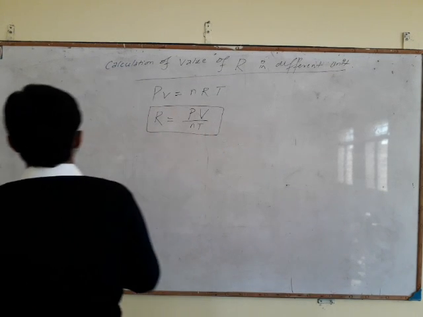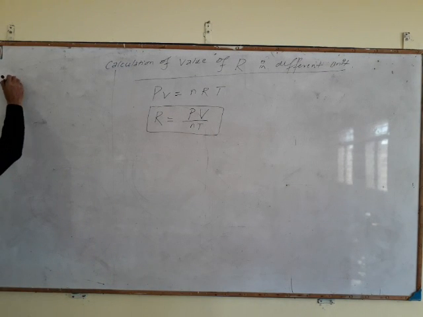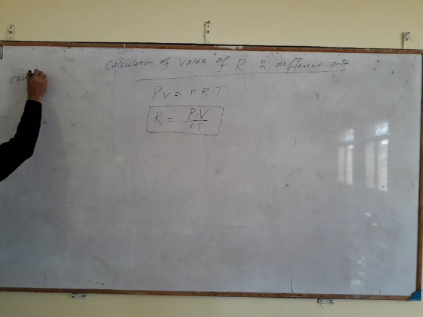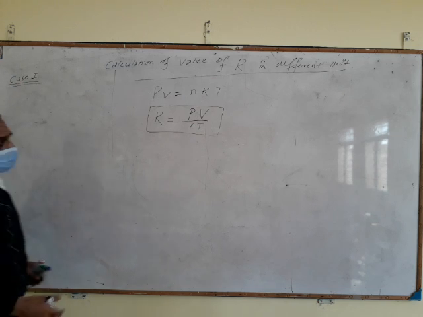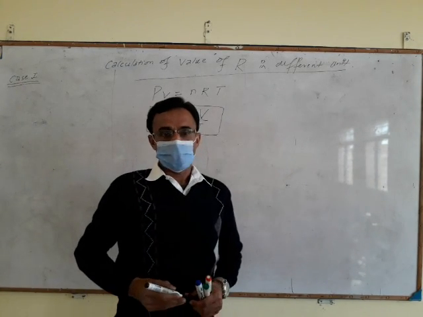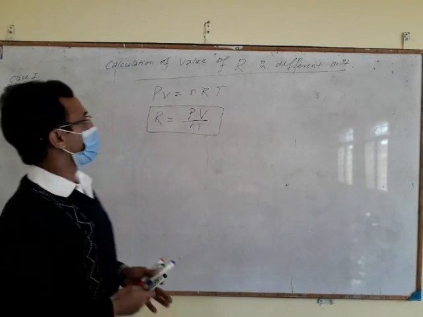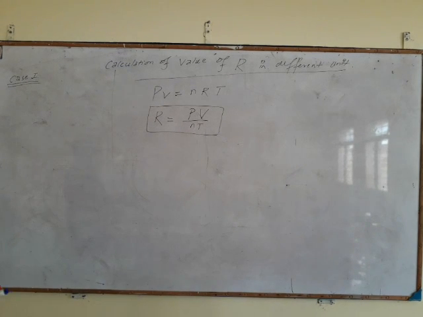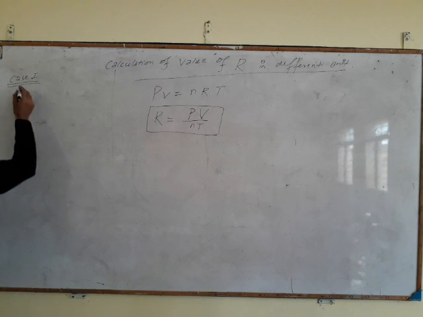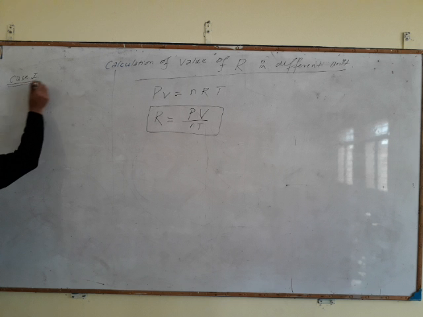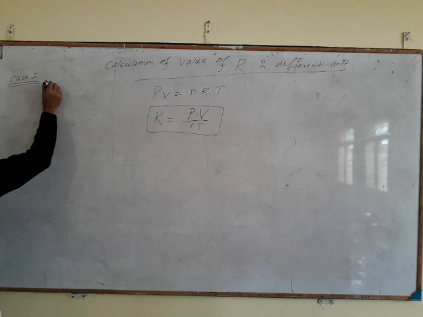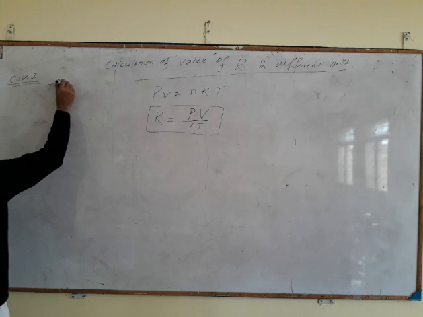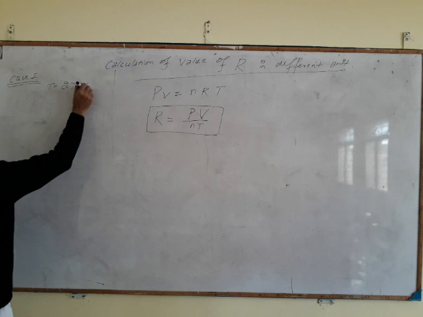Now, first of all, we want to calculate the value of R at STP. We know that the standard temperature is 273 Kelvin.